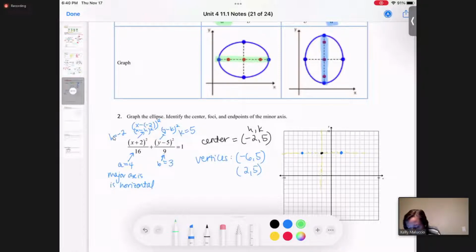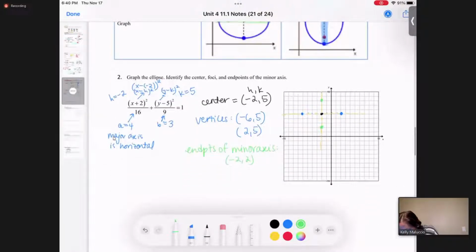Then our endpoints of the minor axis are, b was 3, so I can go 3 up from this and 3 down from this, right? And that would be (-2, 2) and (-2, 8).